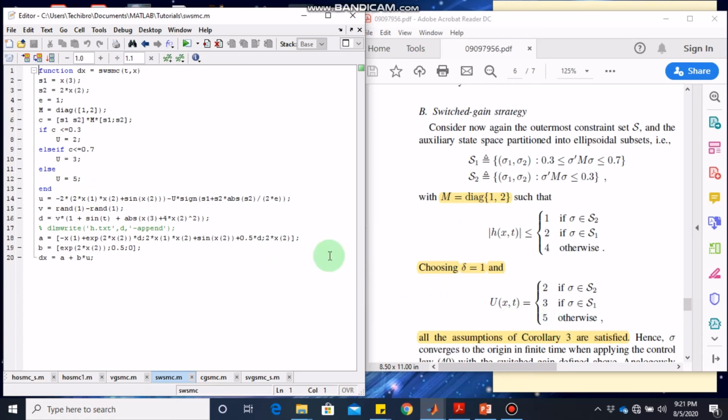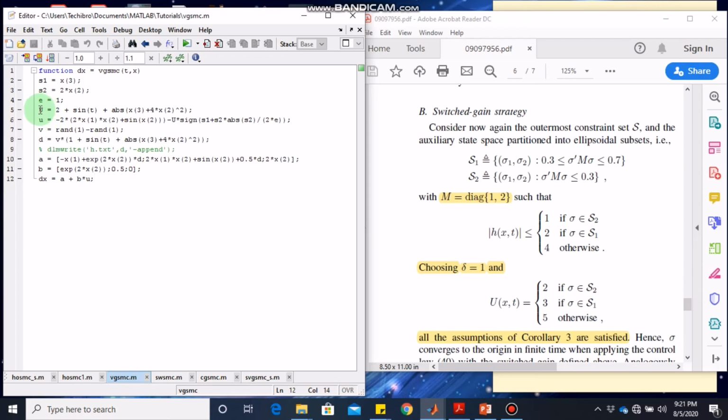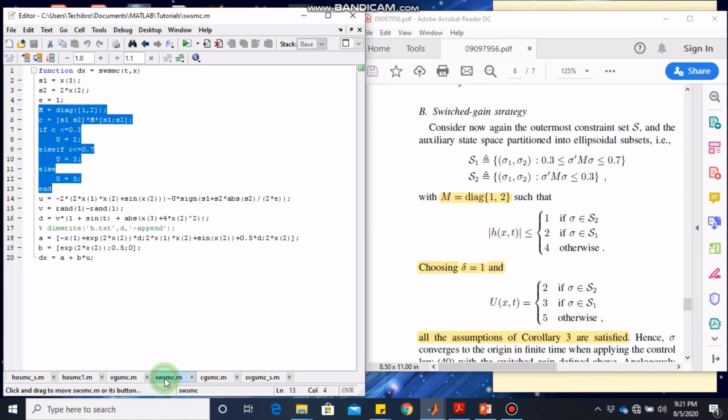So the only difference is that you have these 5 lines in this switching controller instead of this single line in the variable gain controller. Code-wise, instead of selecting capital U like this, you select it based on these conditions.